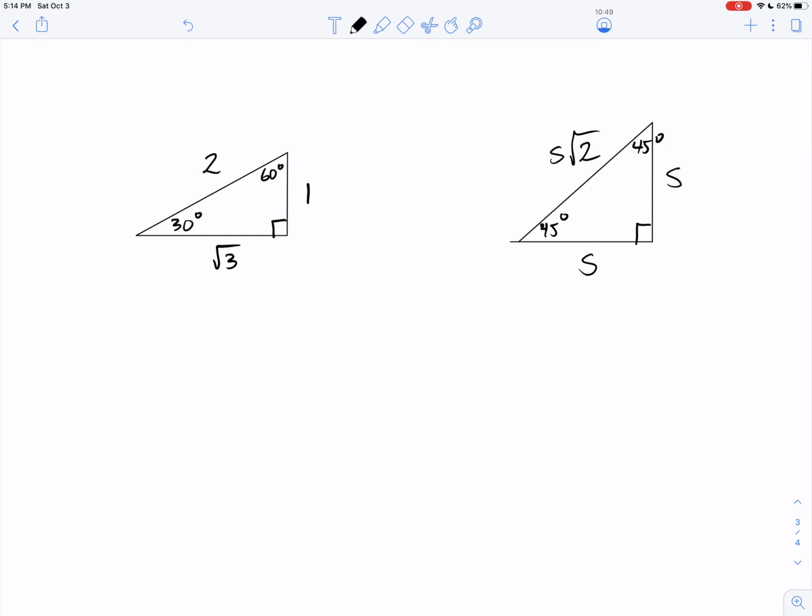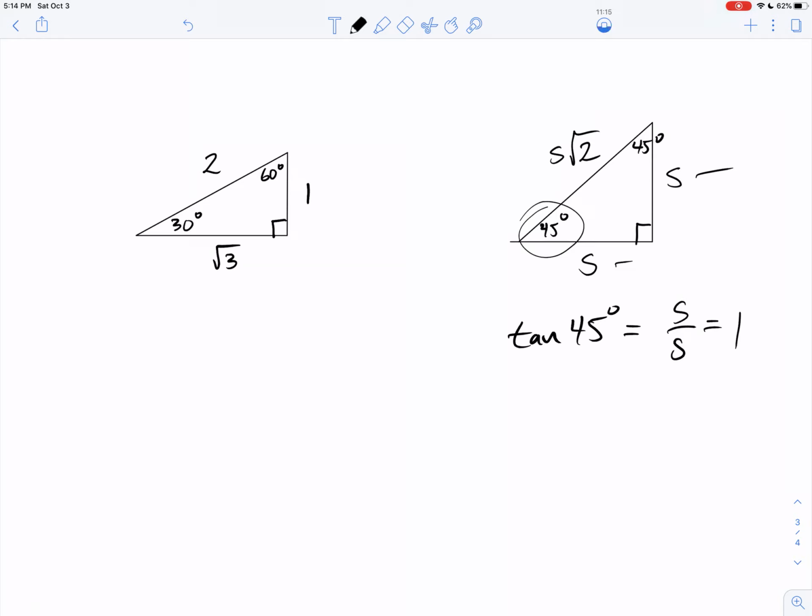Well, guess what we're going to do in trig? We're going to say, you know what? If I do any of the trig ratios with this stuff, any of them, pick one. What the heck? If I did tangent of 45 degrees, guess what I'm going to get? Well, pick either one of these. They're both 45. So that would be opposite over adjacent. What do I get? 1.